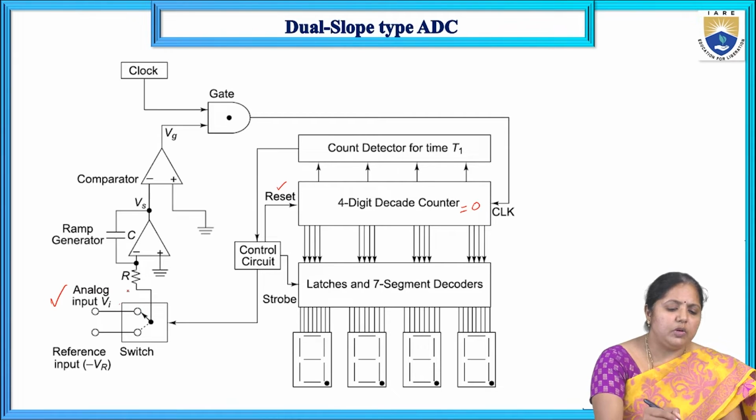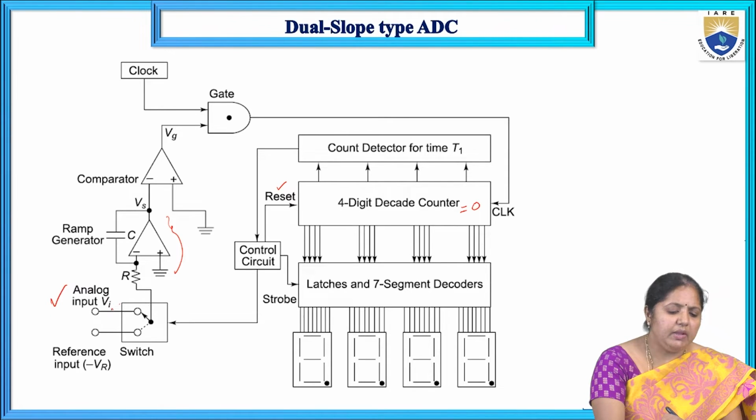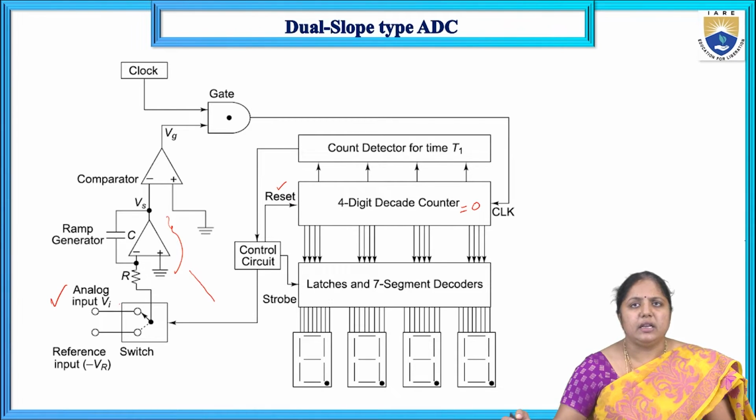This analog input voltage is given as the input for the integrator circuit. If Vi is positive, the output of the integrator is a negative ramp signal, like this.